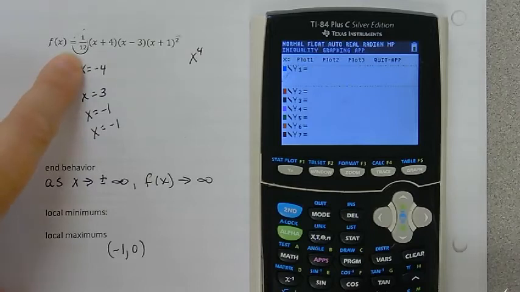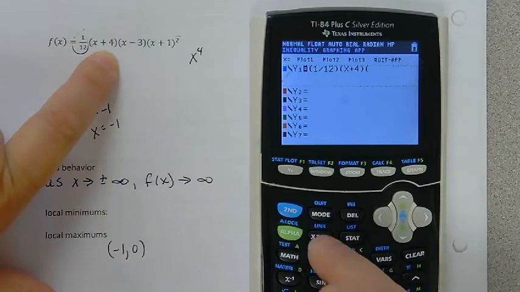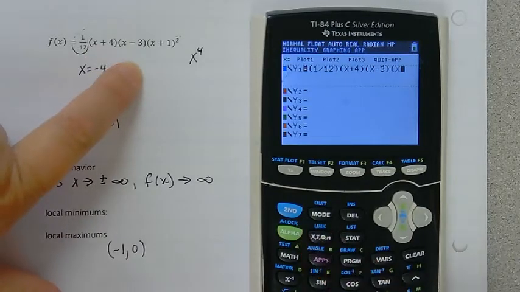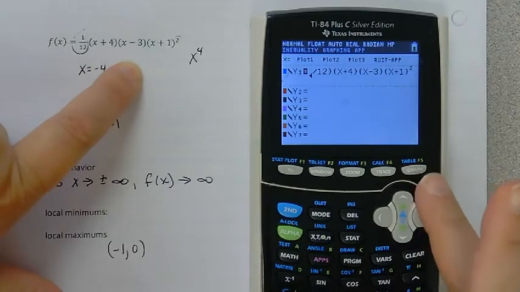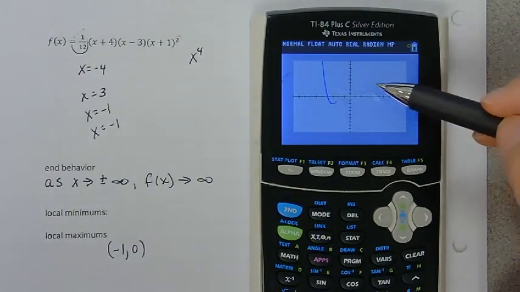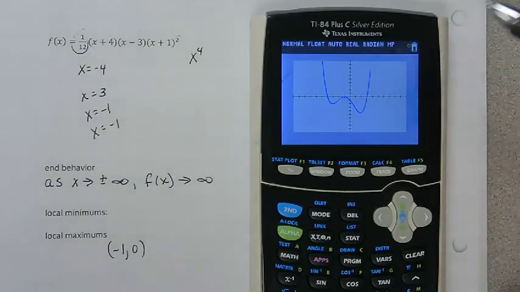I'm going to do parenthesis 1/12 parenthesis x plus 4 parenthesis x minus 3 parenthesis x plus 1 parenthesis squared. Then I'm going to graph it. The graph should look pretty similar to what we've got there. The ends should both be going up. We should have a turning point at -1, and then it should go back up again.